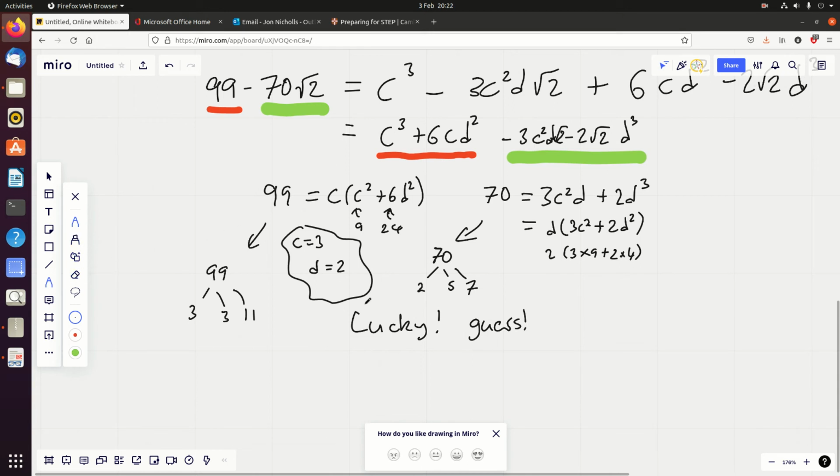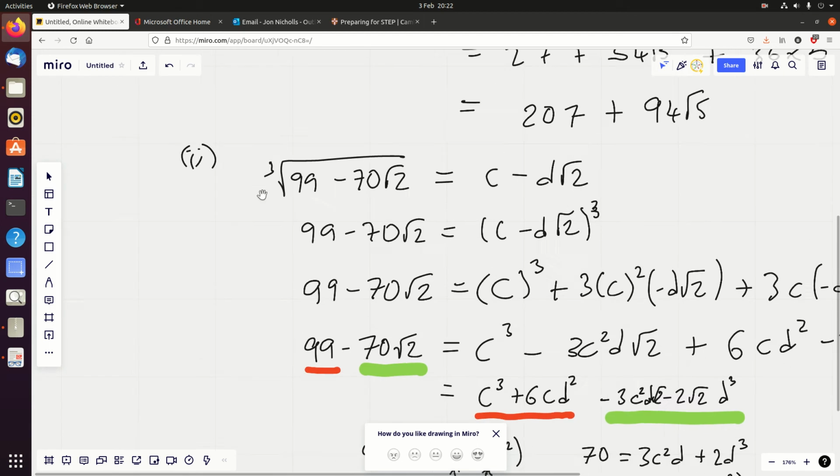I don't think it's bad to do it. You can see what I'm doing. If you want to make it look a bit more professional, write the words "by inspection", which means I just inspected the problem and worked out c is 3, d is 2. Marvelous, I've done part 2, and that's what I like about this question.